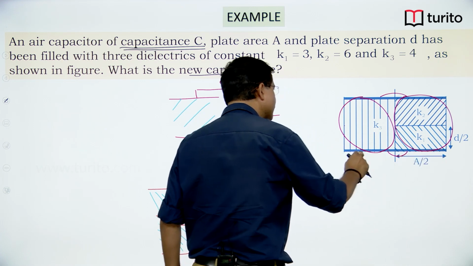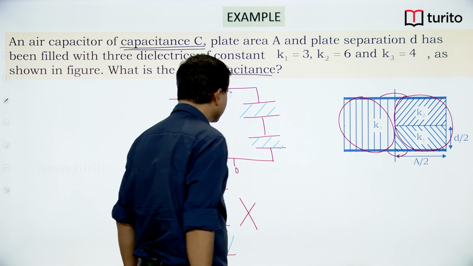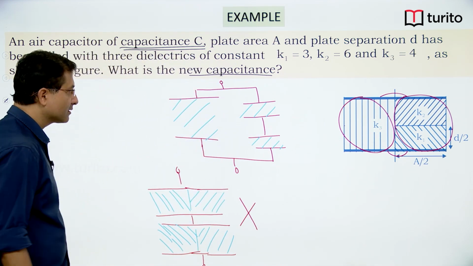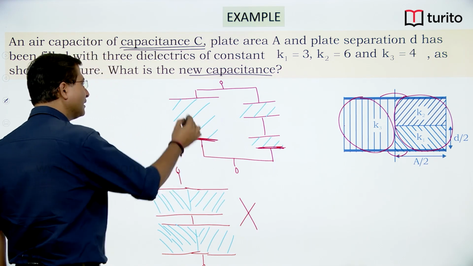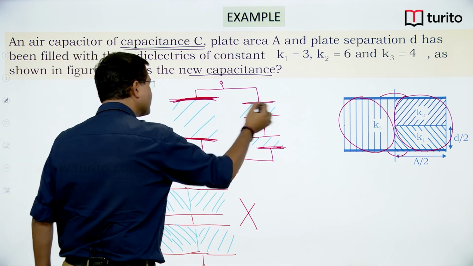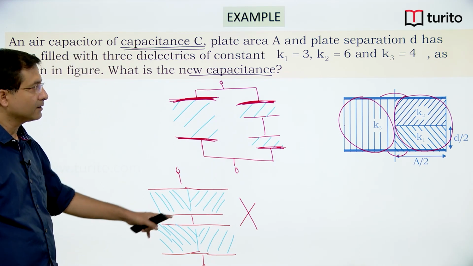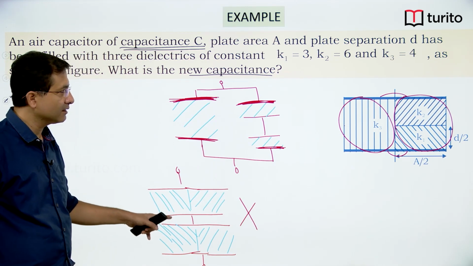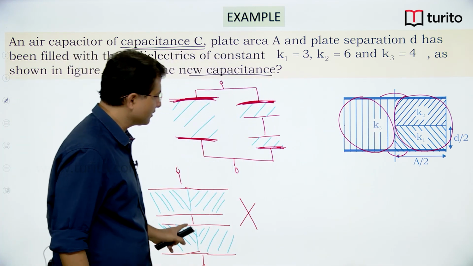So the only thing I can say is that this and this are at the same potential, and this and this are at the same potential. This diagram says this plate and this plate are at the same potential, and this plate and this plate are at the same potential. But this is saying that the middle of this one and this one are at the same potential.